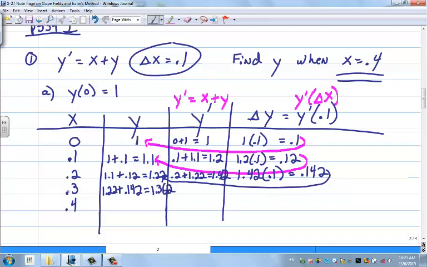Now we're going to add that to our x, so we do 0.3 plus 1.362, and we get 1.662.